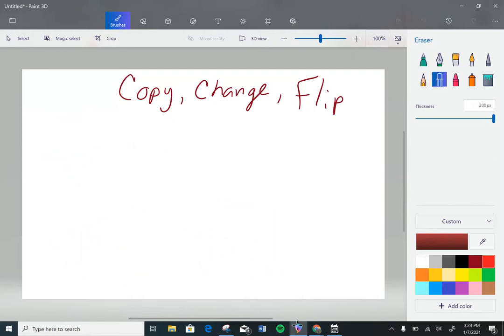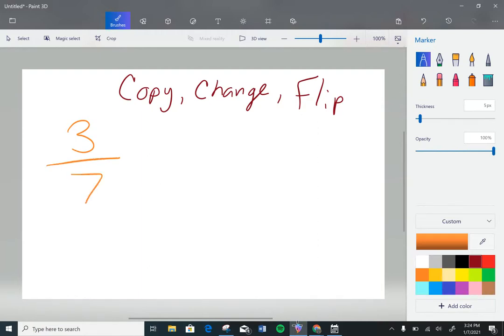If we have two fractions to begin with, so say I had 3/7 divided by 1/3. I don't have to change any of these into fractions because they already are fractions.